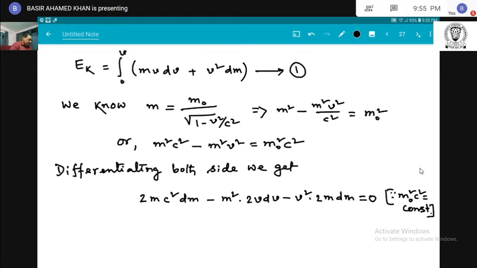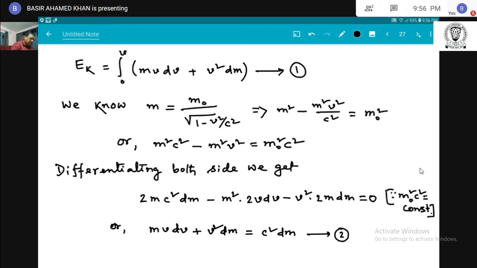Therefore, from this equation we get mv dv plus v square dm equals c square dm. This is equation 2.